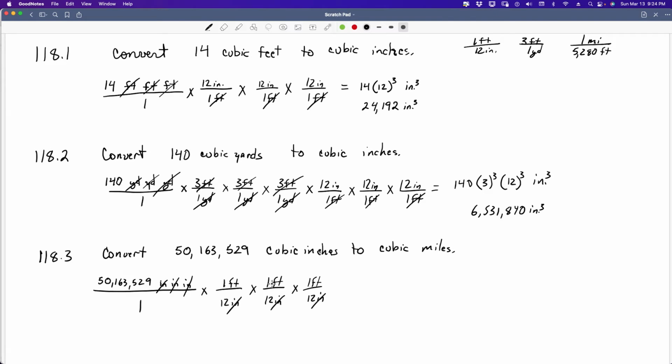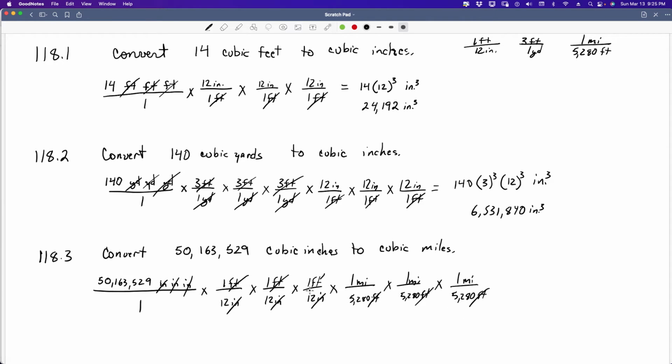Now we're going to go from feet to miles. And so we have feet in the top, we want to put feet in the bottom. So 1 mile is 5,280 feet. That cancels the first unit of measure of feet. And then 1 mile is the same as 5,280 feet. That cancels the second unit of measure of feet, times 1 mile over 5,280 feet.